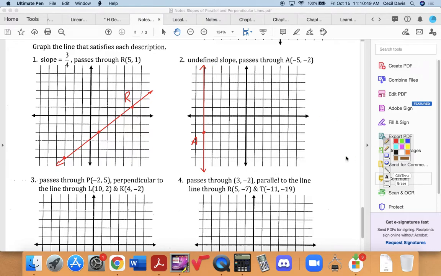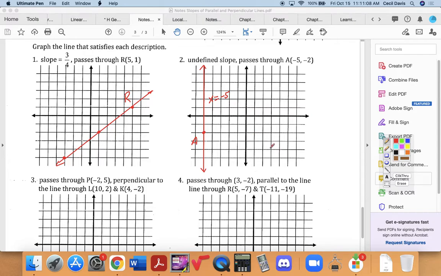Just by the way, the equation of this line would be x equals -5, because every point on that line, the x-coordinate is -5. It doesn't matter what the y-coordinate is.